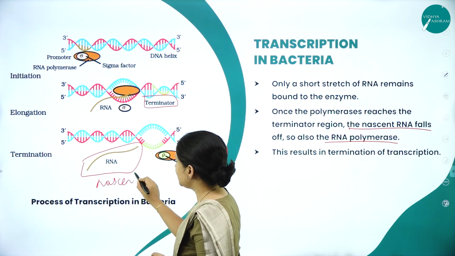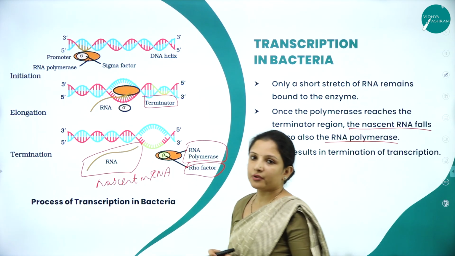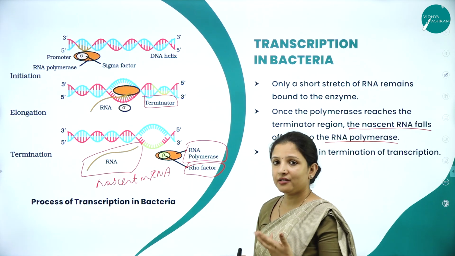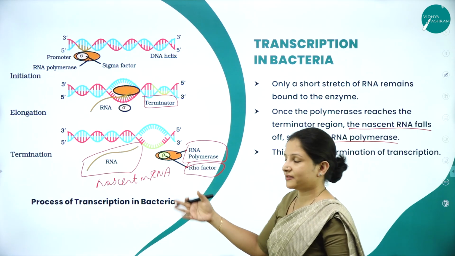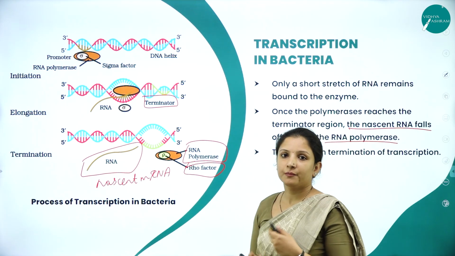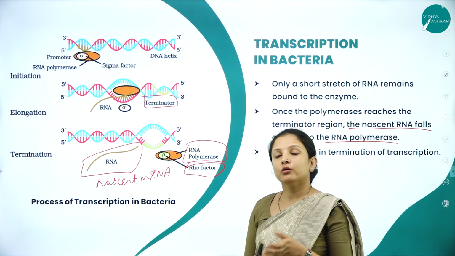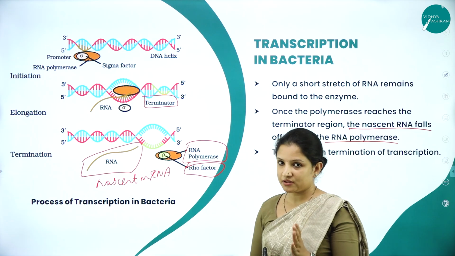Nascent RNA means young mRNA; it is just-formed RNA that has to enter into the next step. So this is what happens in the case of bacteria. It's easy, right? Only one enzyme is involved here, the DNA dependent RNA polymerase enzyme.